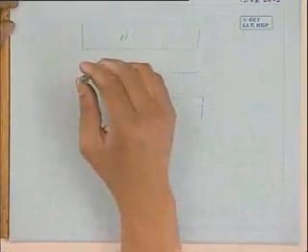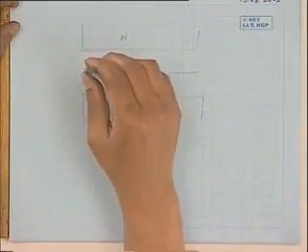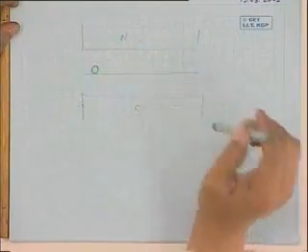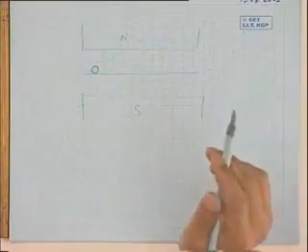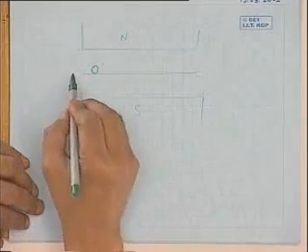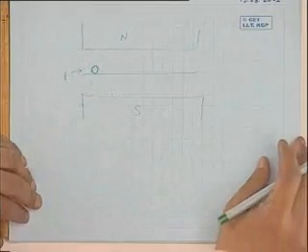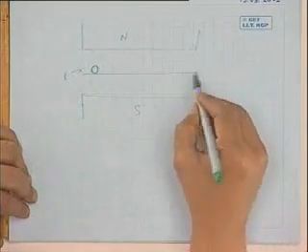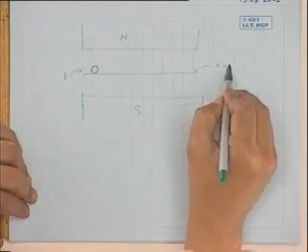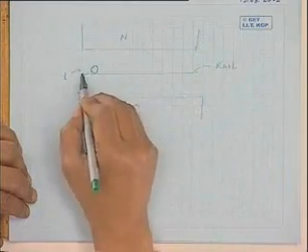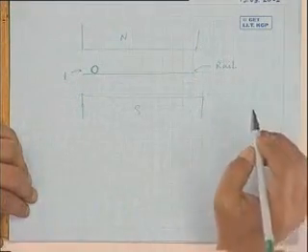So the conductor is actually perpendicular to the plane of the paper. Let us assume the length of the conductor is L. So this is the conductor of length L meter.